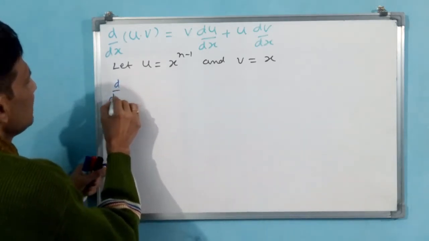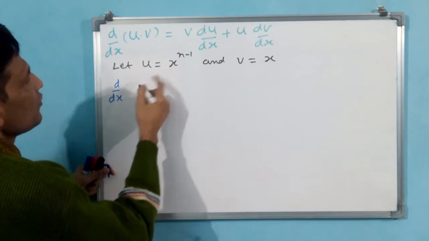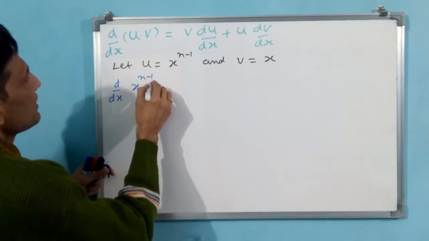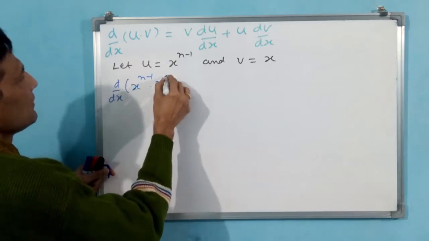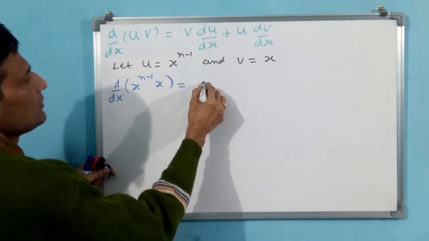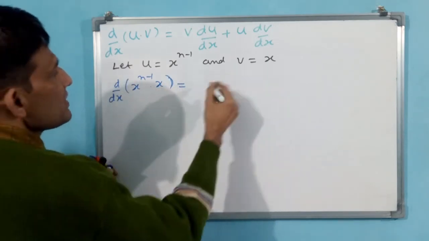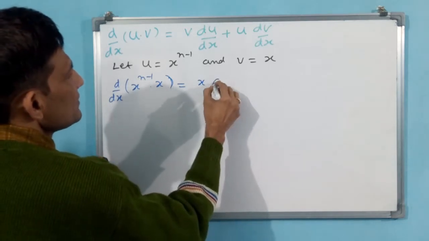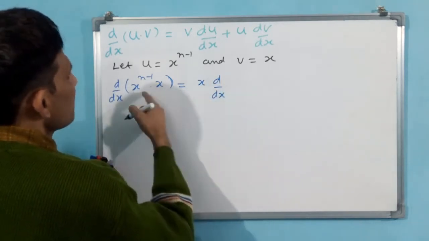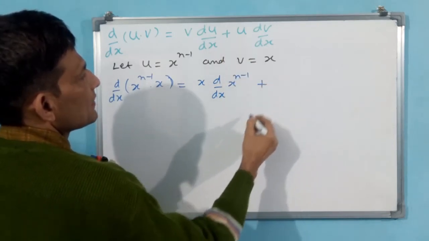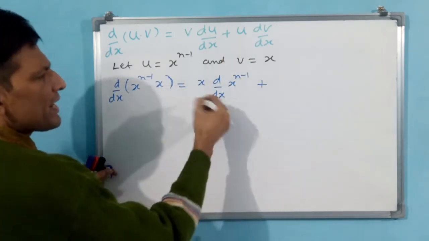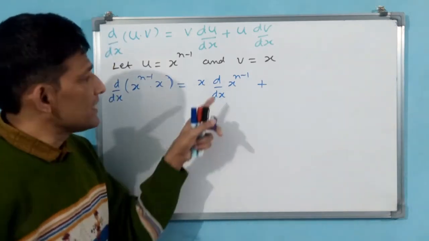d by dx of u into v, that is x power n minus 1 into x, is equal to, now v is what? x into d by dx of x power n minus 1 plus u, x power n minus 1, into dv by dx, d by dx of x. Why have I written v first?